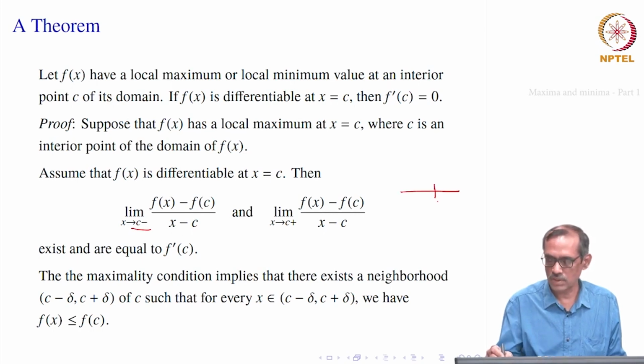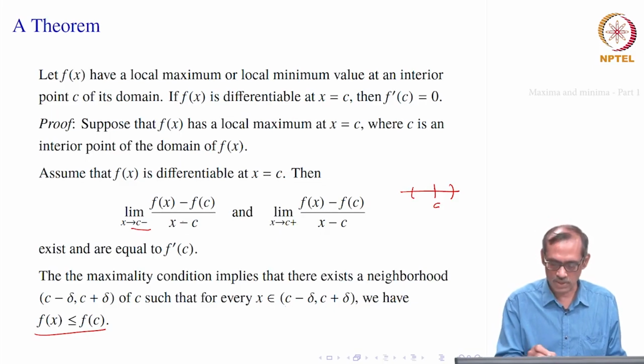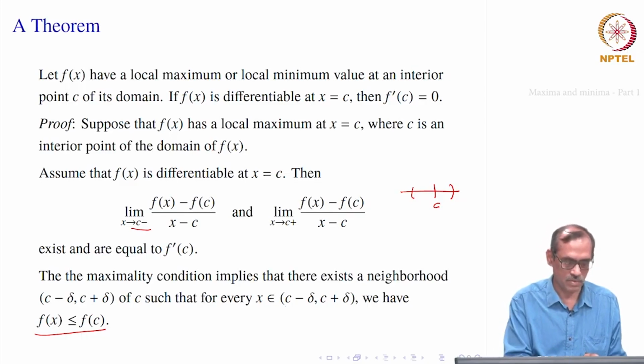So, that means if C is here, x will be somewhere here in some neighborhood of C, from C minus delta to C. Then at that point f of x must be less than or equal to f of C. In fact, since it is an interior point, you can take the whole neighborhood C minus delta to C plus delta, some neighborhood of C, where whenever x varies over that neighborhood, you will have the inequality f of x less than or equal to f of C. So, we will take both the cases, left hand limit and right hand limit, where this inequality is applicable, f of x is less than or equal to f of C.